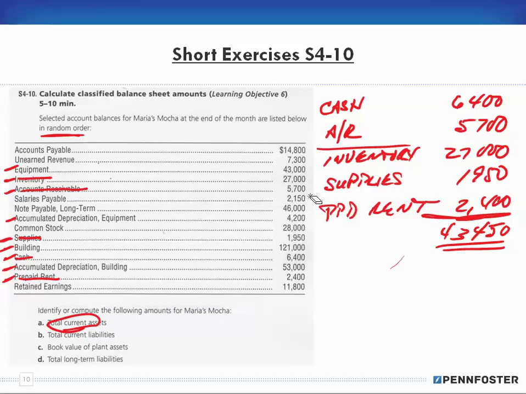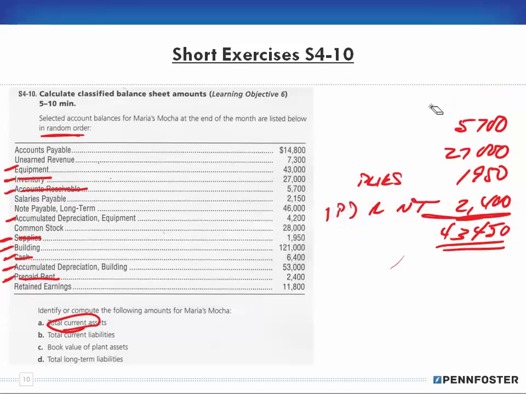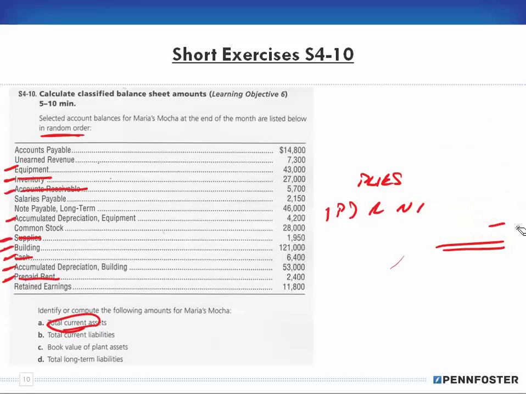Now, current liabilities kind of works the same way. What you can pay off really, really quick. So let's see here. First of all, identify our liabilities: accounts payable, unearned revenue, salaries payable, notes payable.